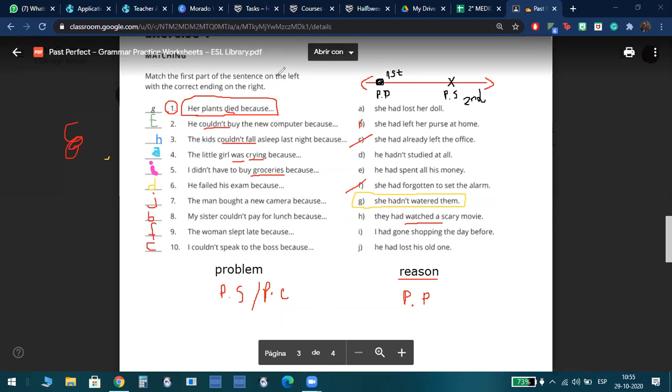The past perfect usually goes with past simple or past continuous, and sometimes past perfect continuous. It almost never works alone because we need a reference to move around the past. So it usually goes with the past simple.